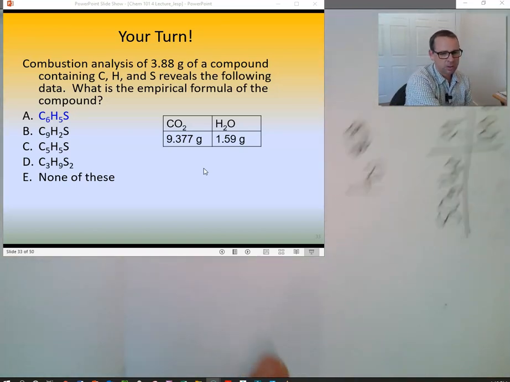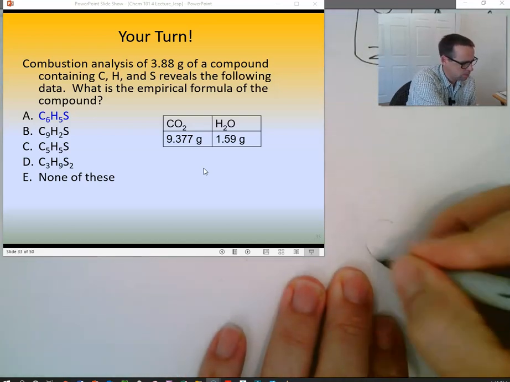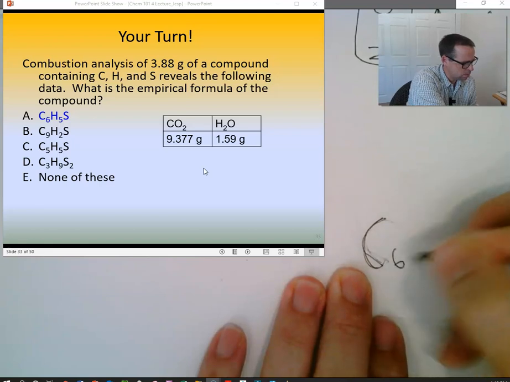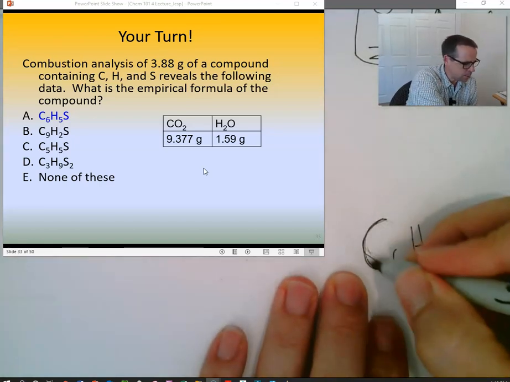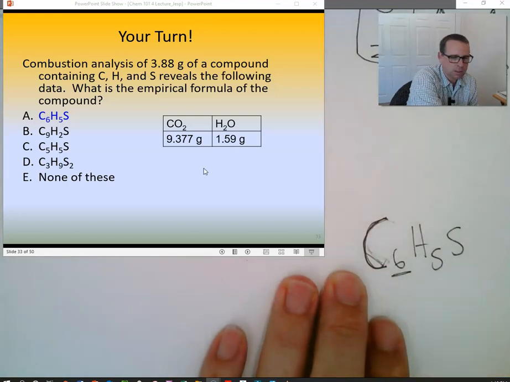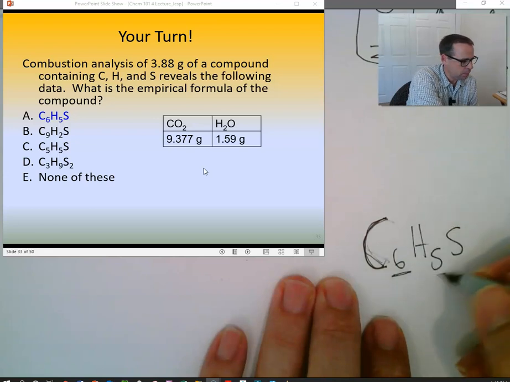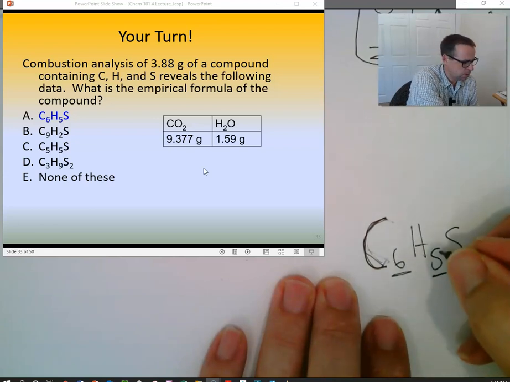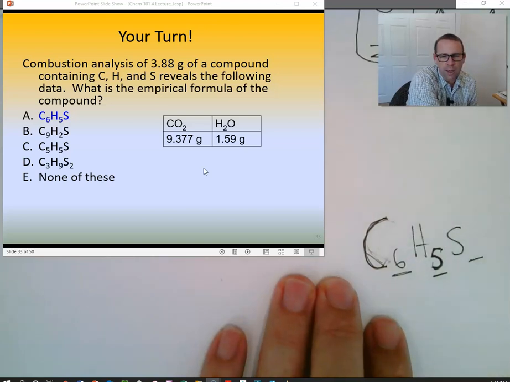So if I have C6H5S, what this chemical formula is saying is 6 moles of carbon for every 1 unit, 5 moles of hydrogen, right? So 5. And then the 1 for that mole of sulfur for every unit.